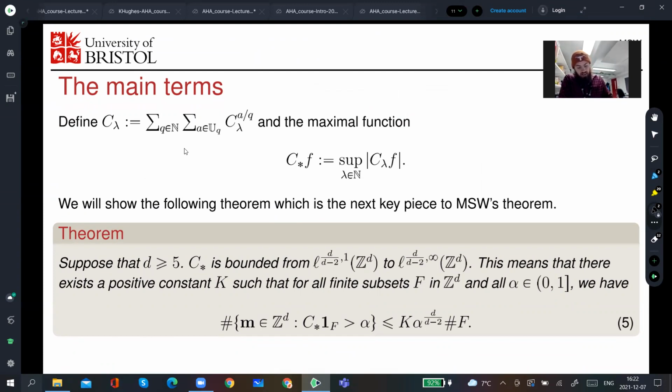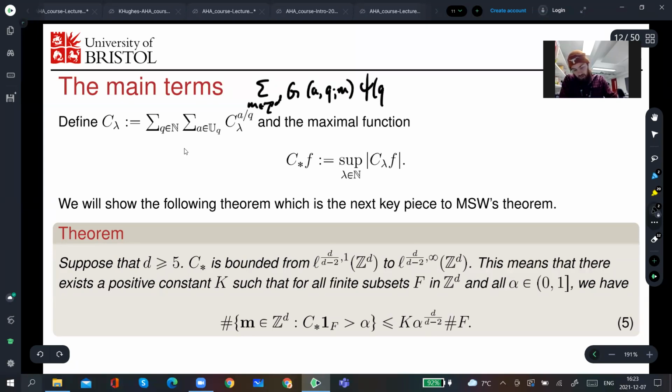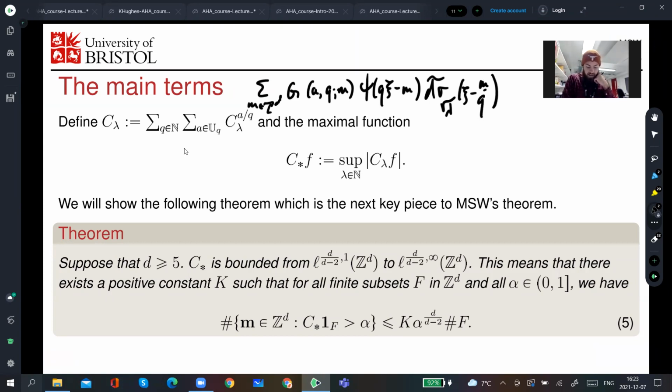I have these operators C_λ^{A/Q}, and these are defined so that the Fourier multiplier was this term: sum over m in Z^d, the Gauss sum, the localized spherical measure, multiplied by e to the minus a λ over q.